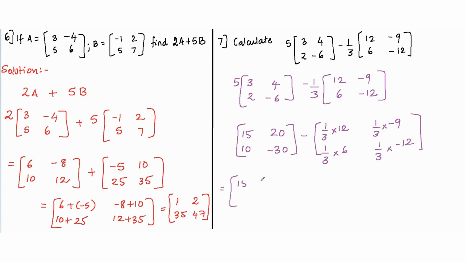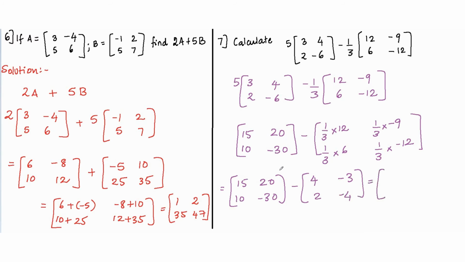So now let's evaluate this. That's going to be 15, 20, 10, minus 30, minus, now let's find what is 1/3 of 12. 1/3 of 12 is 4. 1/3 of negative 9 is minus 3. 1/3 of 6 is 2. And 1/3 of minus 12 is minus 4. Right? And now let's perform the subtraction.